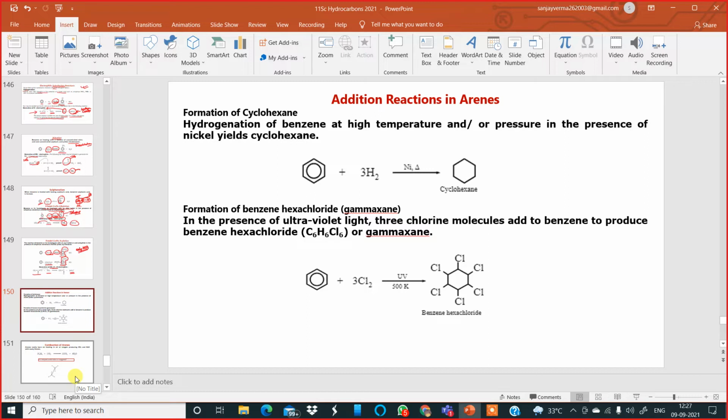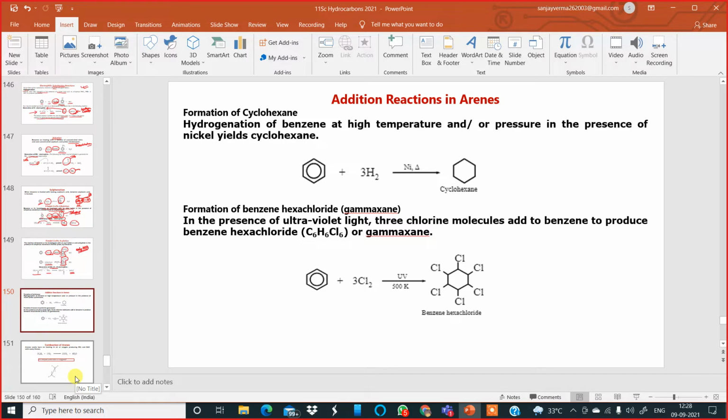Now after the substitution reactions, in short, the next type of reaction undergone by benzene and arenes is addition reactions. The first one on the screen is the formation of cyclohexane.